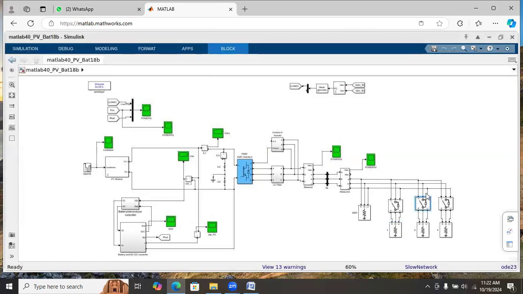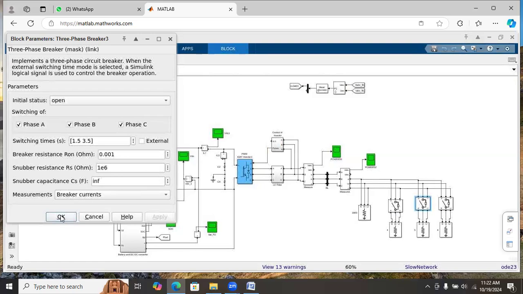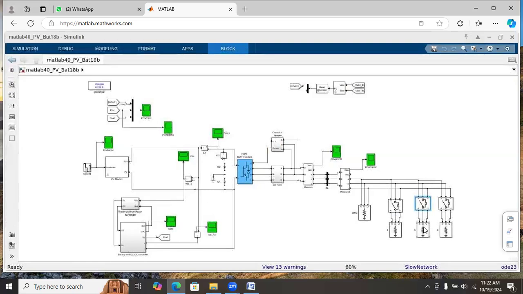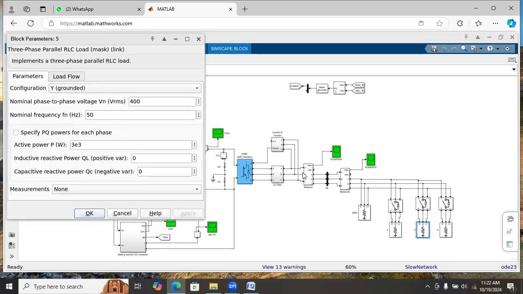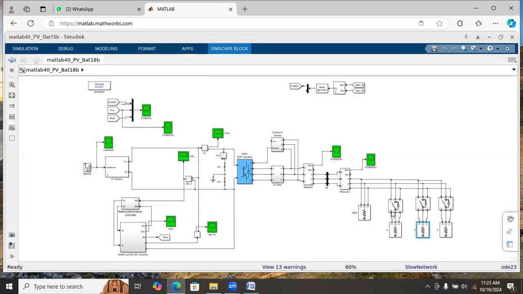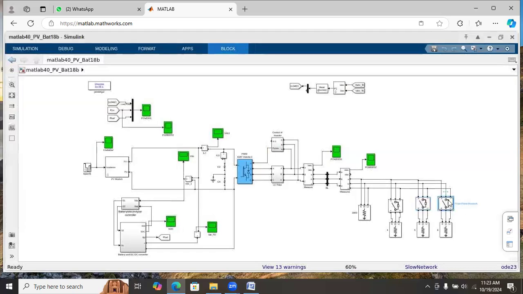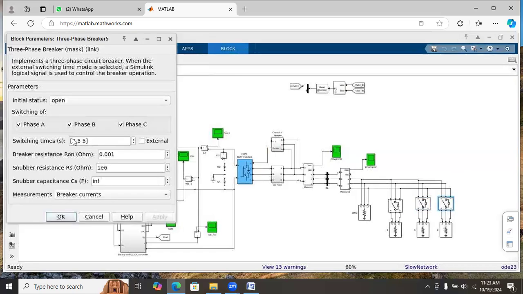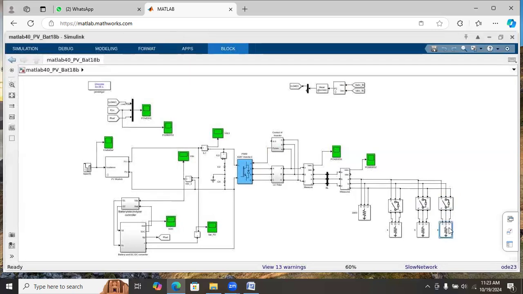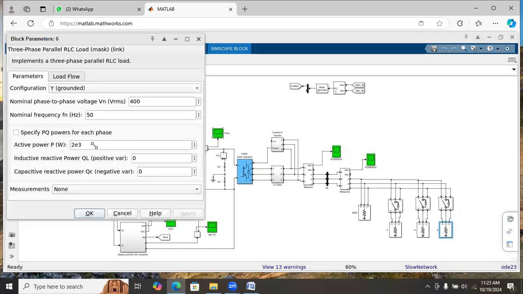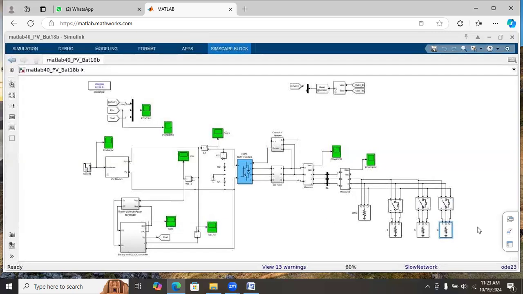And after 1.5 seconds, one more load of 3 kVA is connected here. And at 2.5 seconds, one more load of 2 kVA is connected.